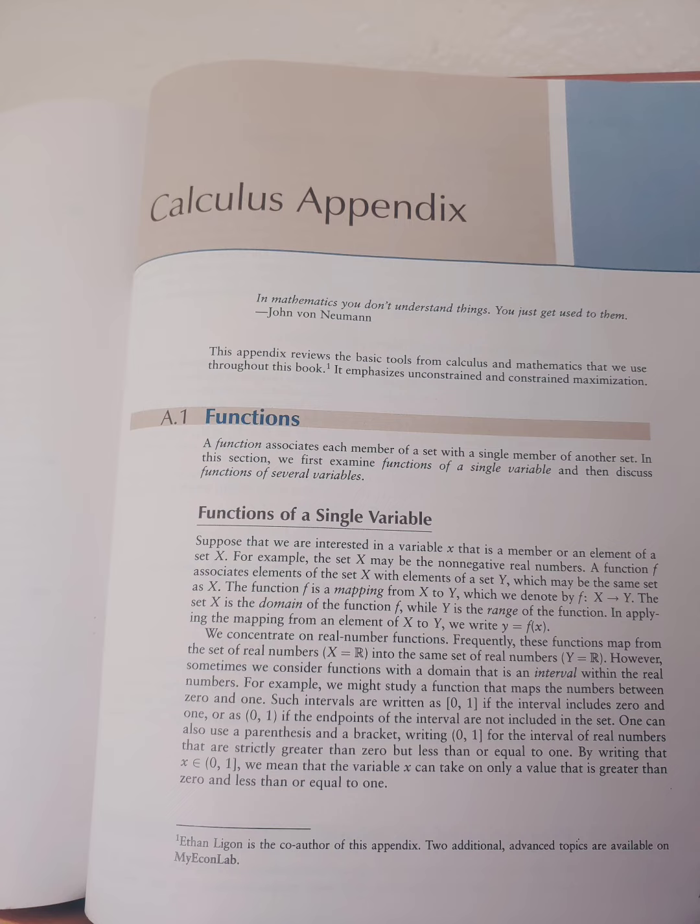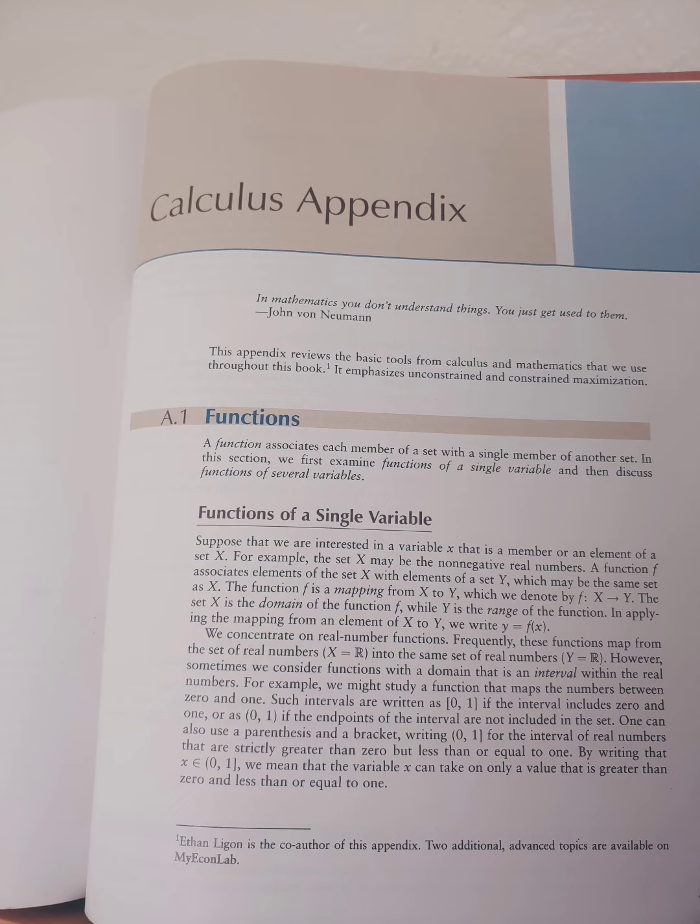However, sometimes we consider functions with a domain that is an interval within the real numbers. For example, we might study a function that maps the numbers between 0 and 1.